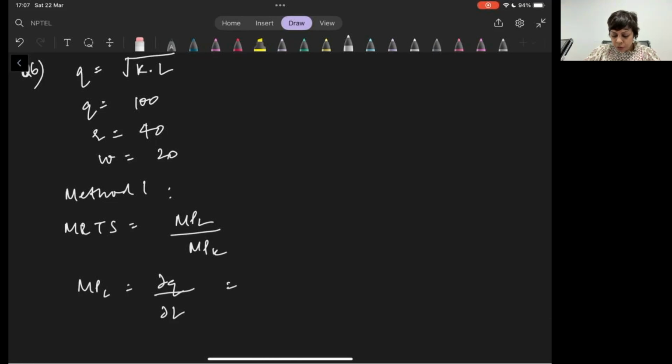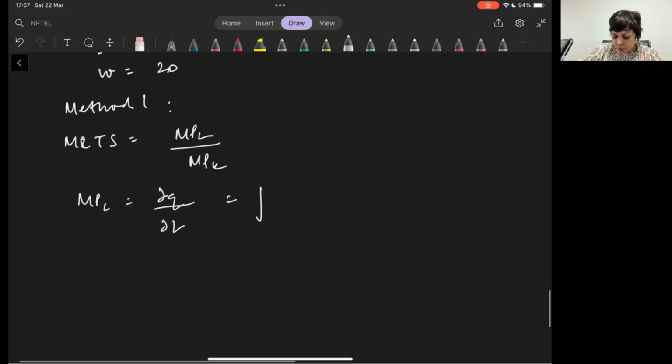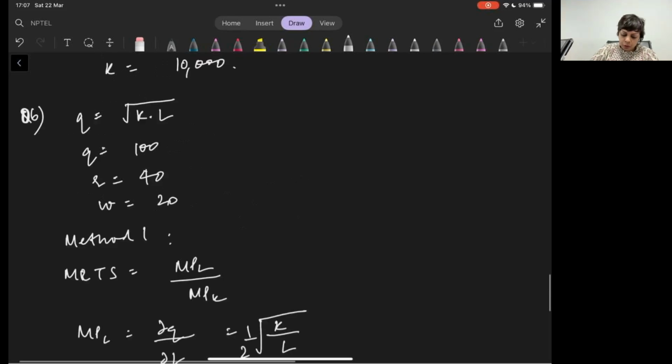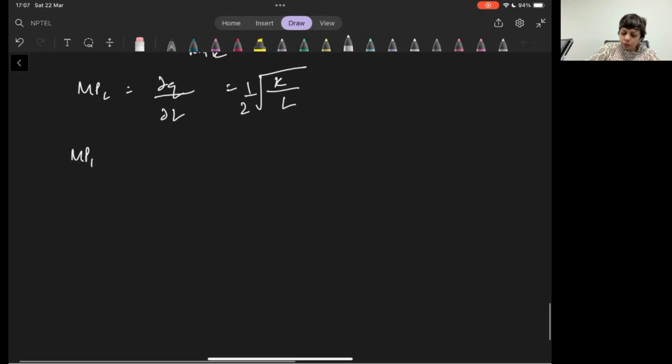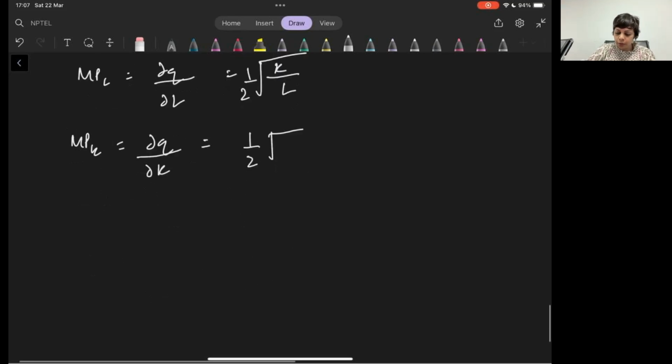So the differential for root L is 2 root L. So this is half K under root K upon L. And MPK is del Q by del K. This is also going to be half, and this is under root L upon K.